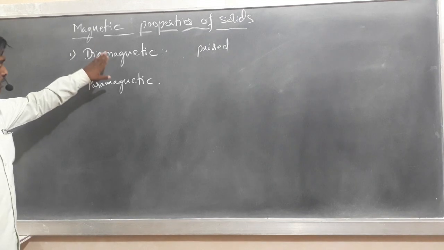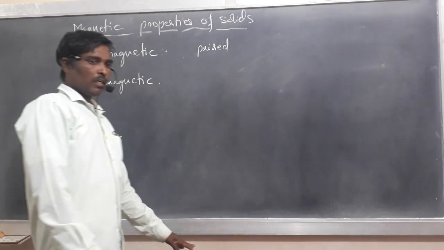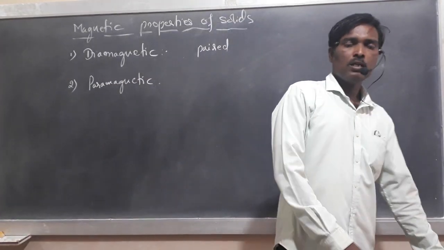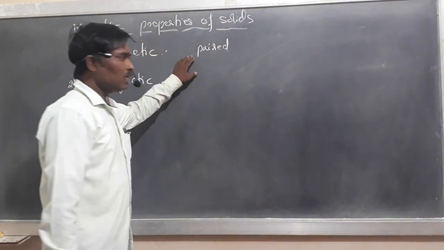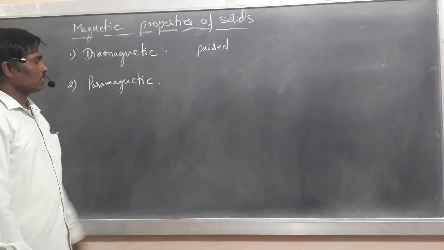If any solid contains paired electrons and is also weakly repelled by the magnetic field, then that is called a diamagnetic substance.